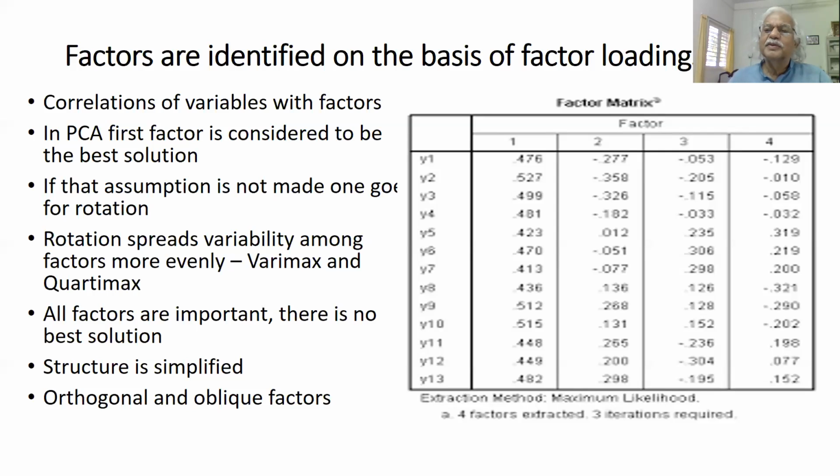And to make the judgment more clear, some techniques are used, which create maximum diversity between correlations, either row-wise or column-wise. And this is the purpose of Varimax and Quartimax. Then you can more clearly distinguish between different factors. Although in principle, all factors are important and there is not one best solution.